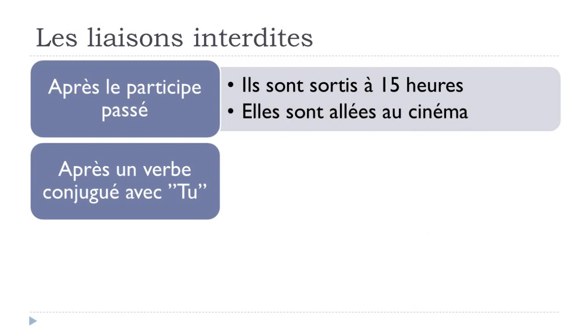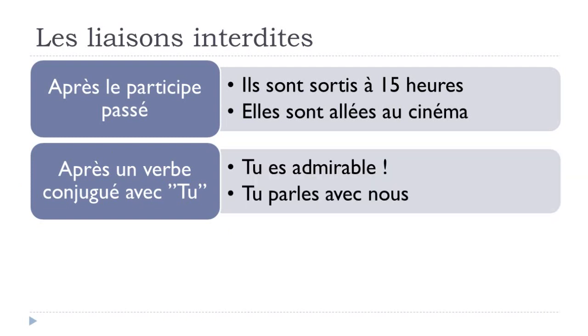And then, a quite important thing as well, après un verbe conjugué avec tu. Many persons send me messages regarding this when I do the conjugation, and when I conjugate the verbs, they say that it's quite strange because you don't make the liaison when it's for tu. Well, just because it's a rule. You shouldn't make the liaison when you conjugate a verb at the tu form.